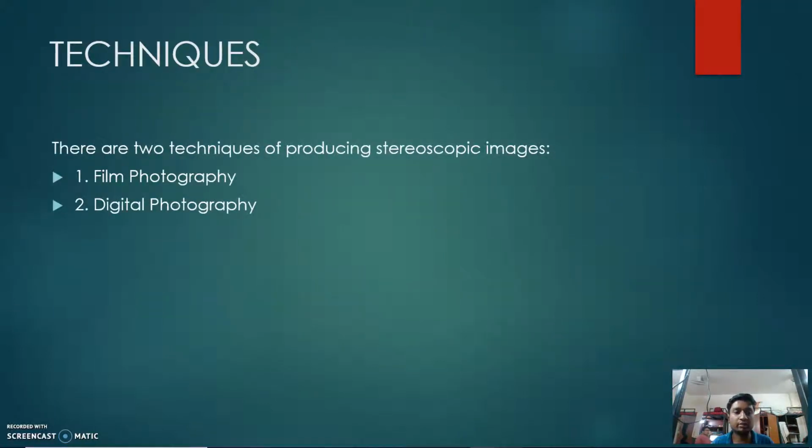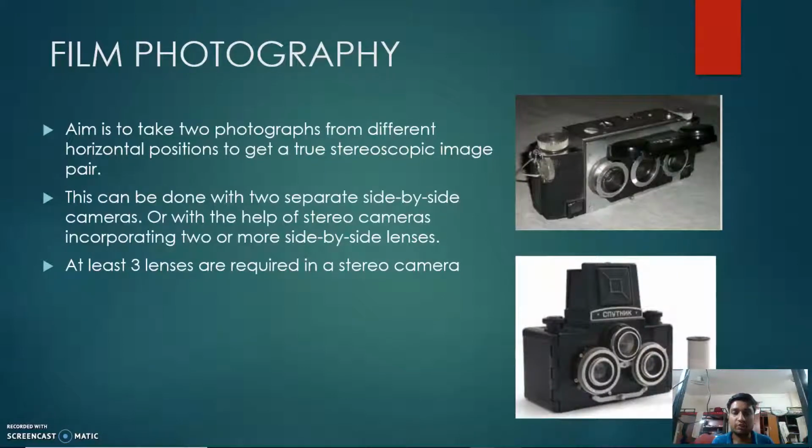There are two techniques used for producing stereoscopic images. The first is film photography and the second is digital photography. Film photography uses the same procedure we discussed earlier: two cameras take two photographs of the same object from different horizontal positions, and we combine the two images to get a 3D image.